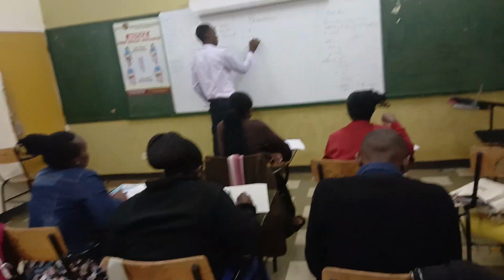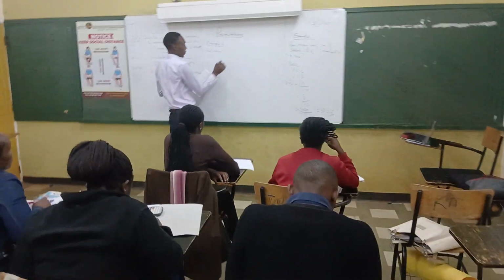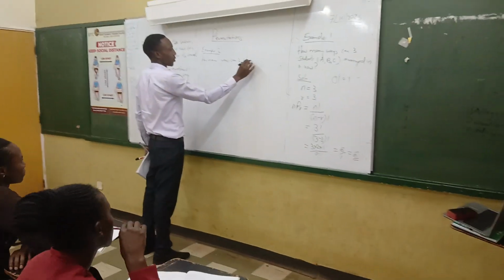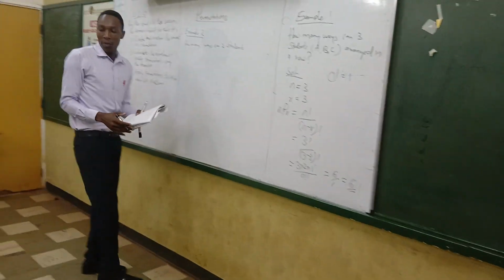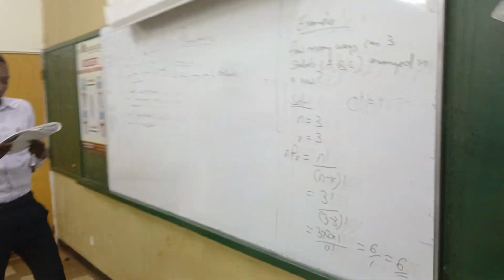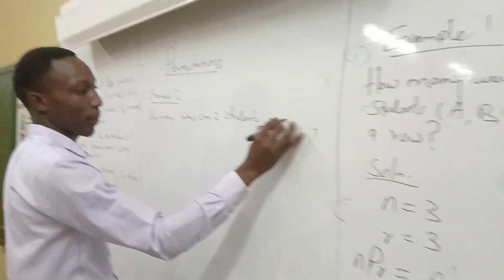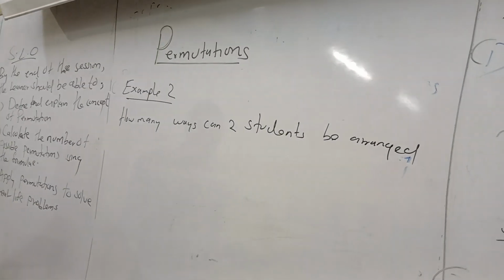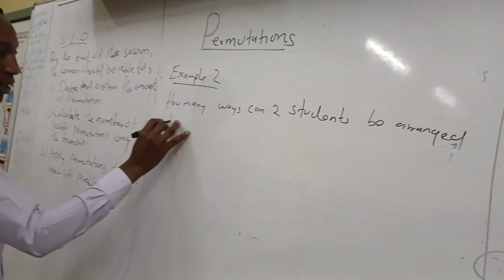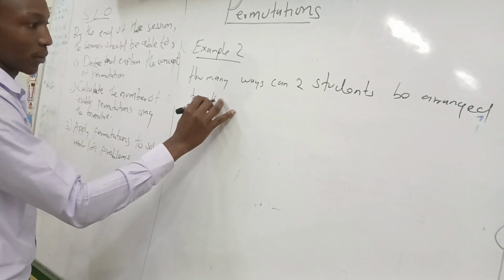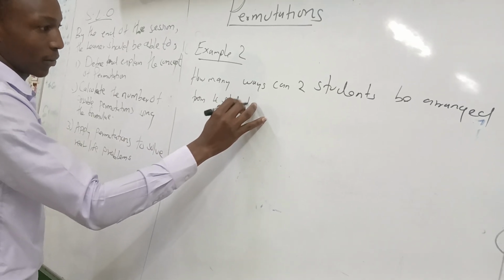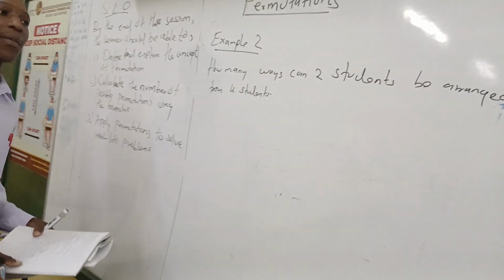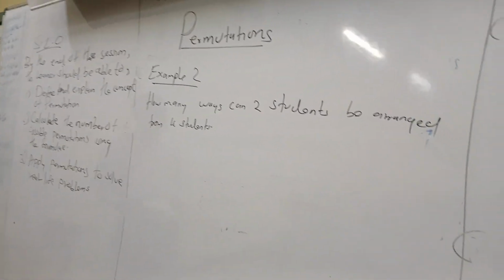How many ways can 2 students be arranged from 4 students?